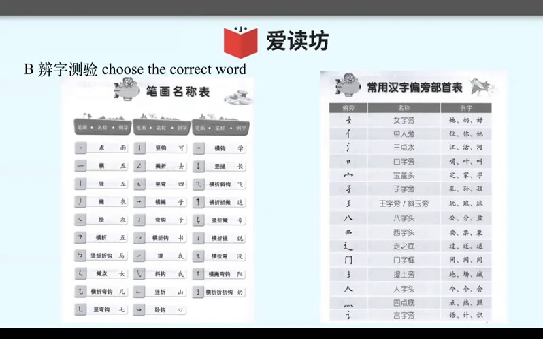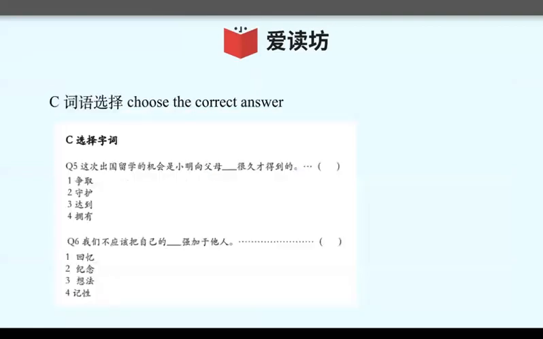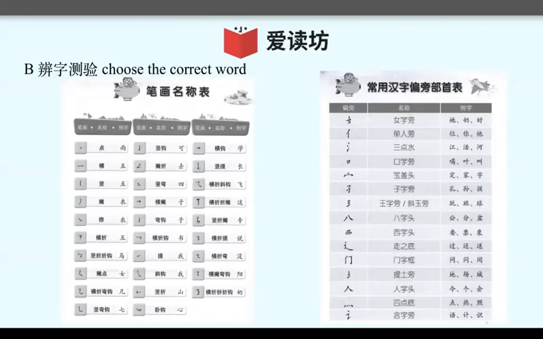So she, grandma and mother are all women, so 女字旁 are 女 radicals. Actually, we need to master these radicals and strokes when they are in kindergarten or P1, P2, because this is the basis of the words. They can combine them together with radicals.